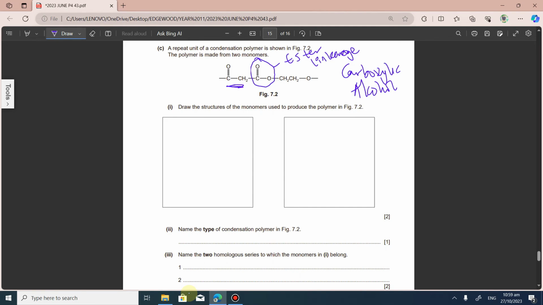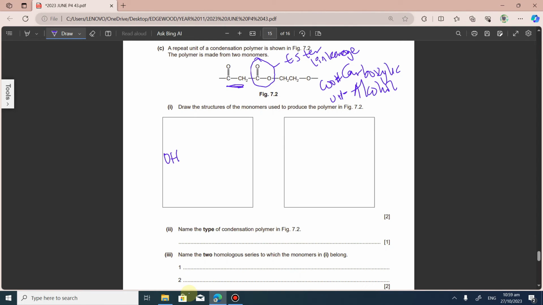You can see that that is why we have this C double bond O. Remember, the functional group of carboxylic acid is COOH, and that of alcohol is simply OH. Okay, so for us to have formed this, that means the carboxylic acid came from this left. So let's draw the carboxylic acid now. So we have the COO. So what is missing is the OH. So we're going to have something like this.